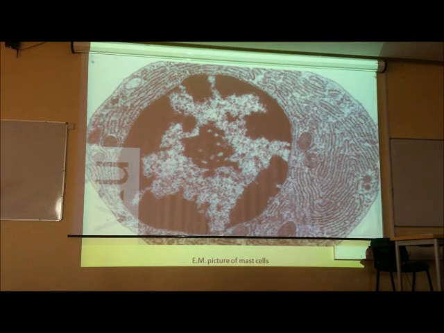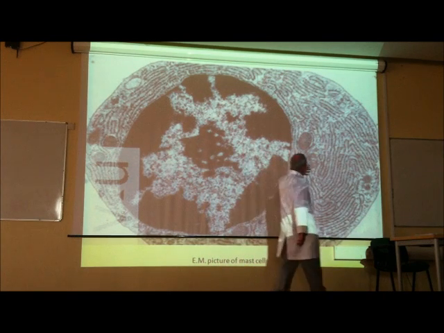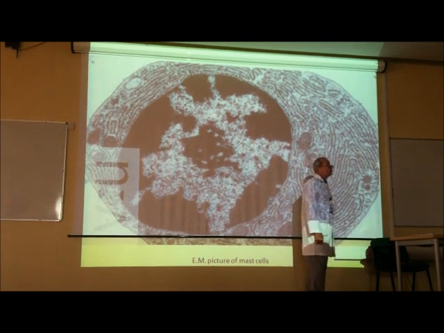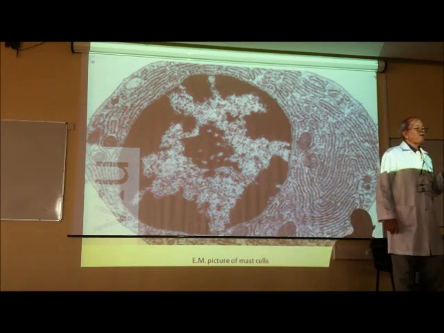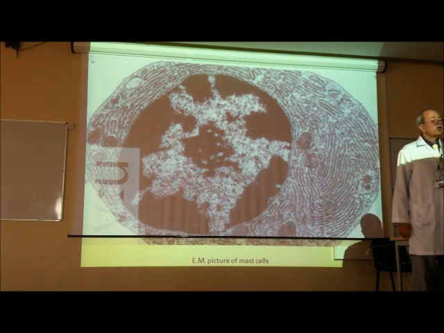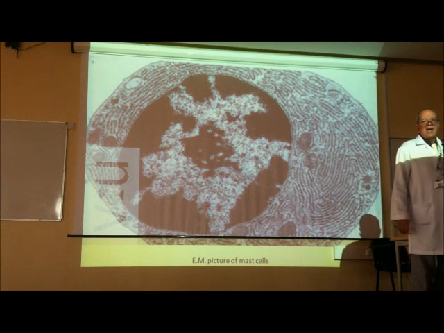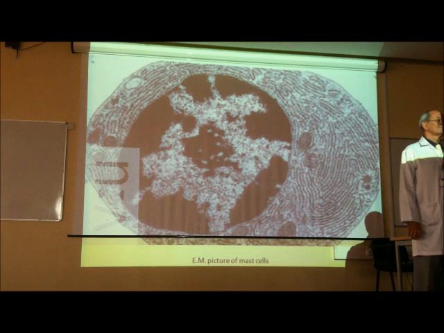What is the character of the cytoplasm? Rich. Rich in what? Smooth or rough endoplasmic reticulum? Rough endoplasmic reticulum. What does the rough endoplasmic reticulum form? Proteins. Do these cells secrete proteins? What is the type of protein? It's a form of antibodies.